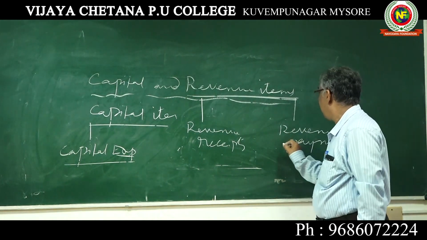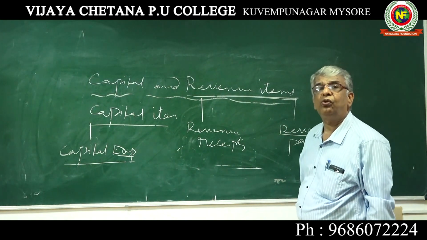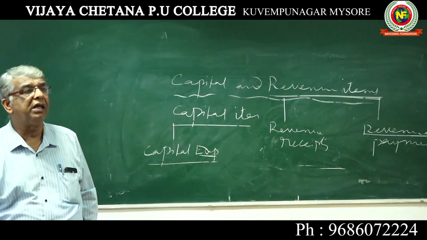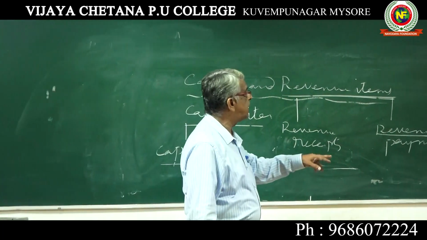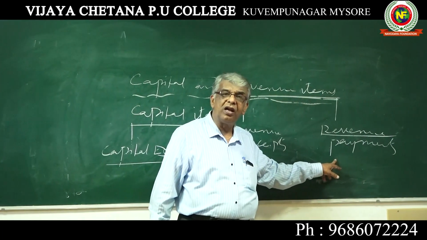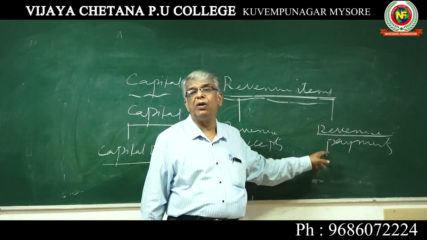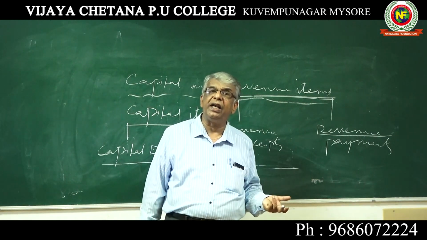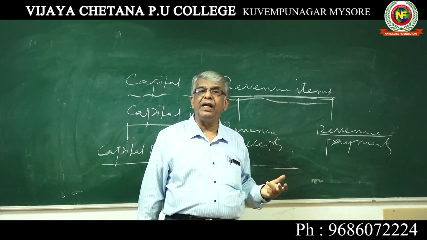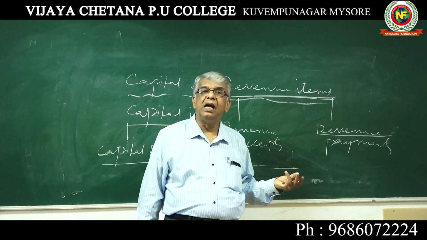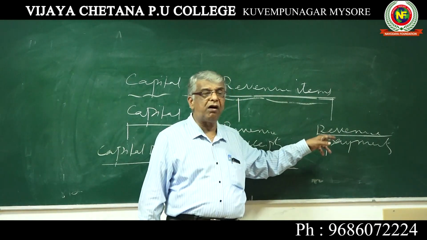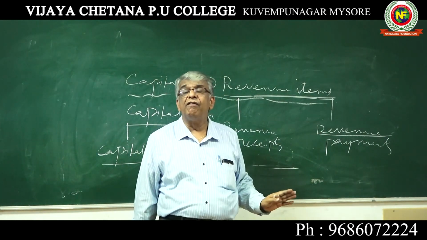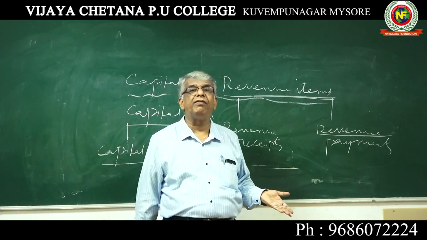And then revenue payments are those payments which are frequently paid by the non-profit organizations. Examples of revenue payments are, as you know, rent paid, salary paid, commission paid, interest paid. The payment of which arises frequently by a non-profit organization.